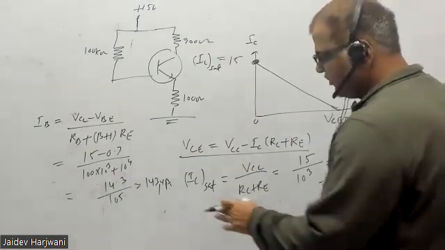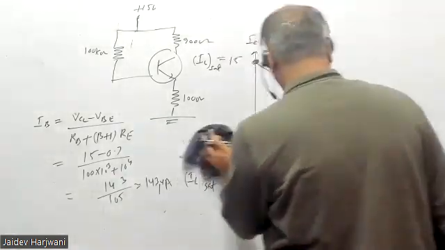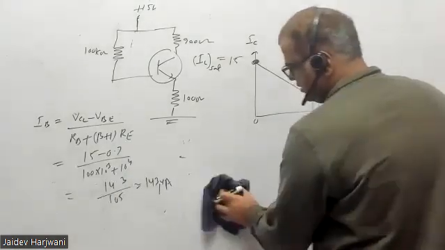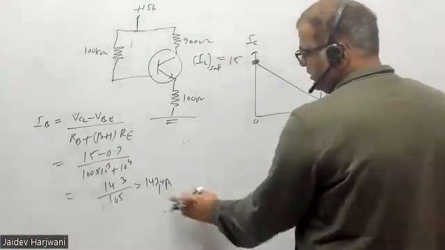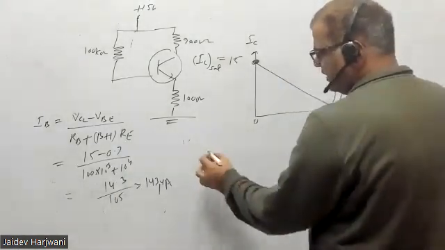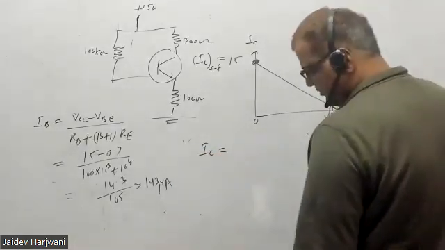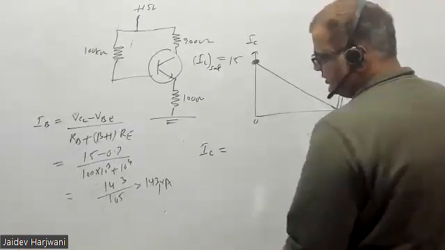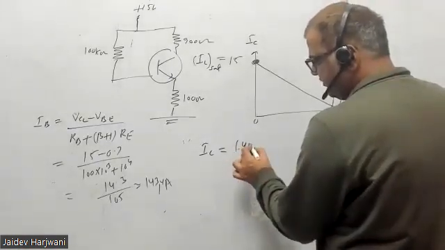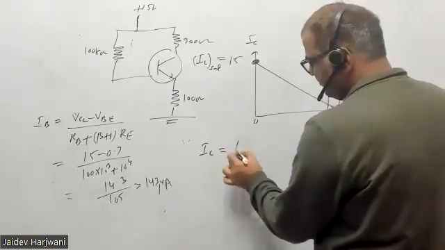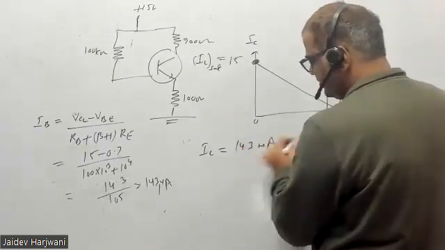Now if this is 143 microampere, almost, okay, if beta is 100, then your IC will be 100 into 143. How much? 14.3 milliampere. Yes or no? Yes, sir.